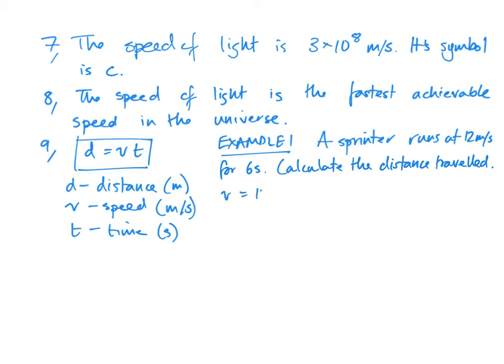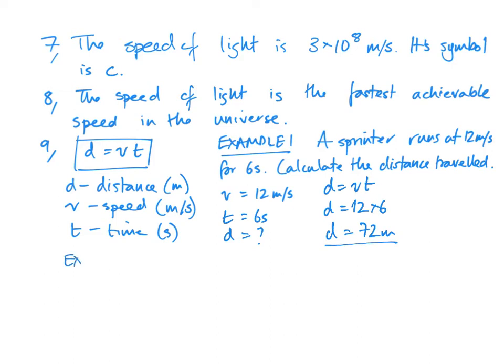What information are we given in the question? We're given v, the speed, 12 meters per second, and we're given that the time is 6 seconds. We're being asked the distance. So the formula, in this case, is the right way around. It's just d equals vt. When we substitute our v and our t, we can do the calculation, and we get that the distance is 72 meters.